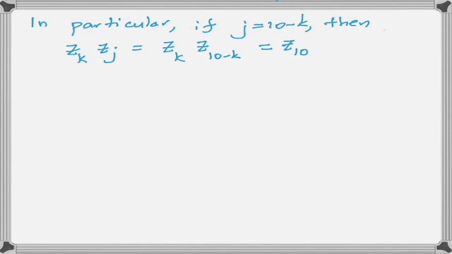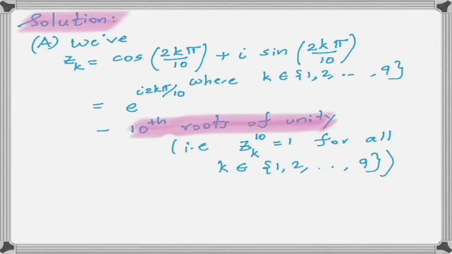But what is Z10? If we put k equal to 10 in the definition of Zk, we get that the real part of Z10 is equal to cos 2 pi, which is equal to 1, whereas its imaginary part is sin 2 pi, which is equal to 0. And thus Z10 is equal to 1.